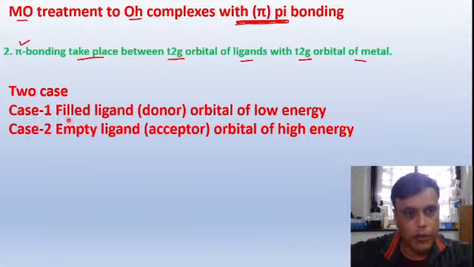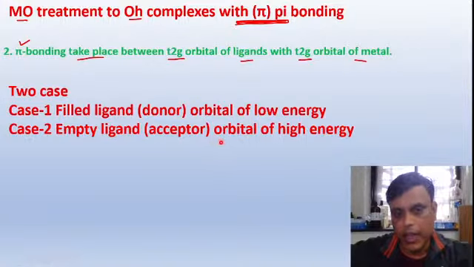Case 1 is the filled ligand donor orbitals of low energy, and case 2 is empty ligand orbitals. That means these ligand orbitals do not contain electrons, so they can act as an acceptor. They can accept electrons from the metal, and they are high in energy.